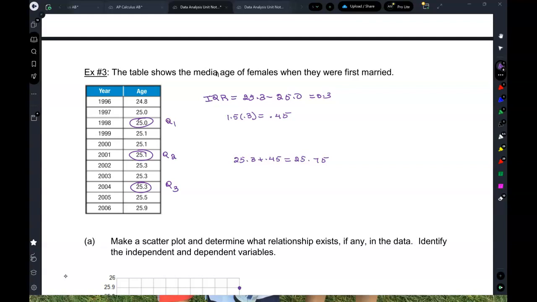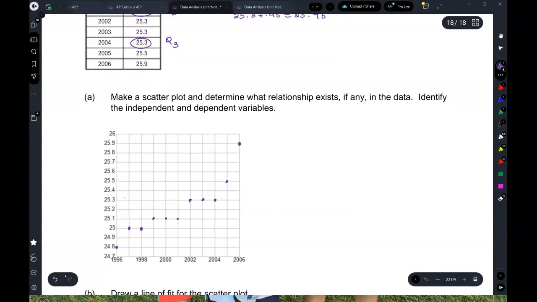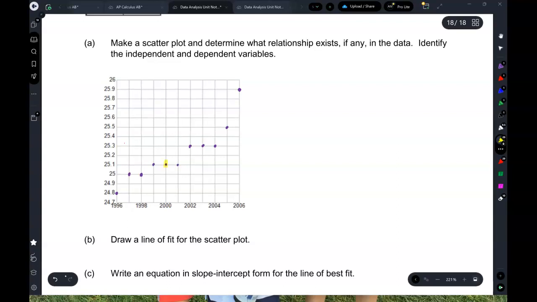Okay, so do you see how that last one is definitely an outlier? So in this case, I'm just going to ignore it, right? Ignore it for your best fit, and let's do a line through these points. I'm going to make it go through these points here.